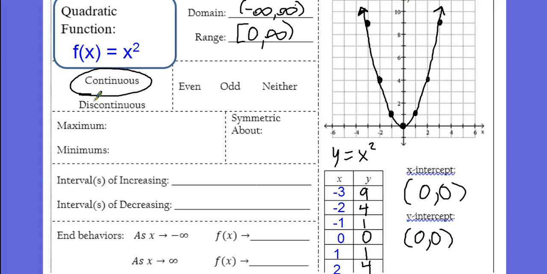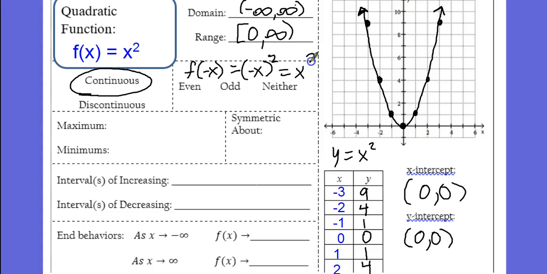So now let's determine what kind of symmetry it has. Again, the test is to plug in a negative x. So I'm going to do f of -x is equal to (-x) squared, like so. Okay, now simplify that. Do the math. What is (-x) squared?